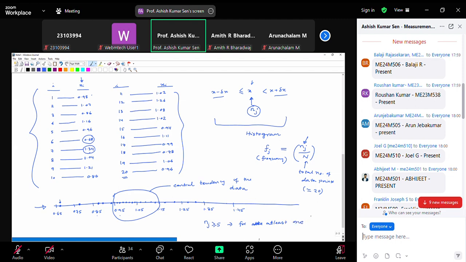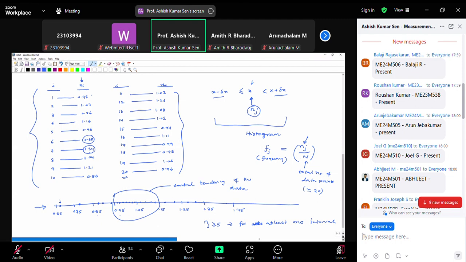If you follow this rule, we can form a histogram out of this data.